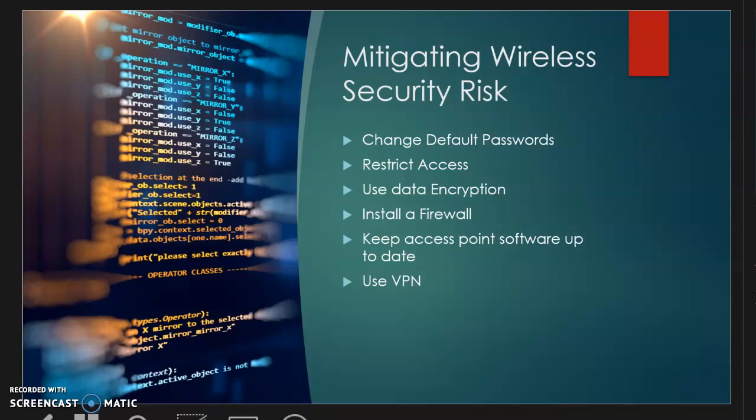And the most important thing to do is making sure your software is always up to date, and that's very important with access points. Access point software needs to be updated as often as possible. As soon as you get one, if you're doing a batch patch, that will be great.